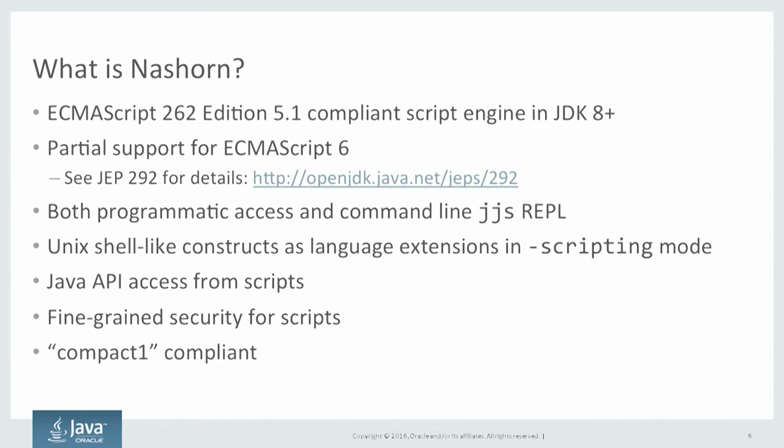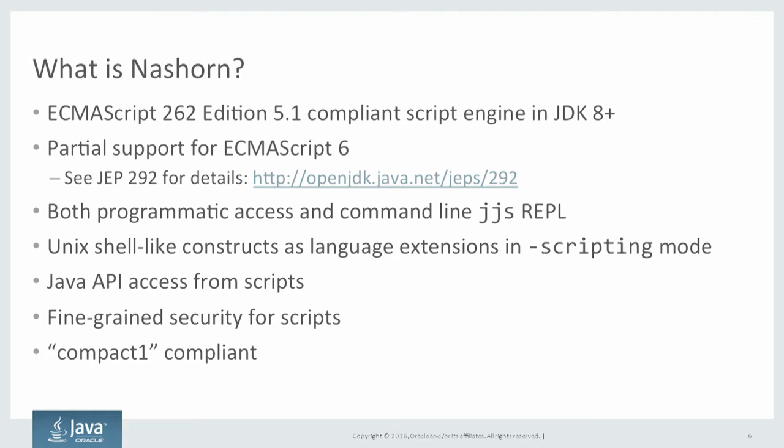So Nashorn. Well, as you might know, a JavaScript engine. It's fully ECMAScript 5.1 compliant. It has been around since JDK 8. It does have partial support for ECMAScript 6. Parsing is fully supported. The features are not all implemented. Feature implementations are coming up.